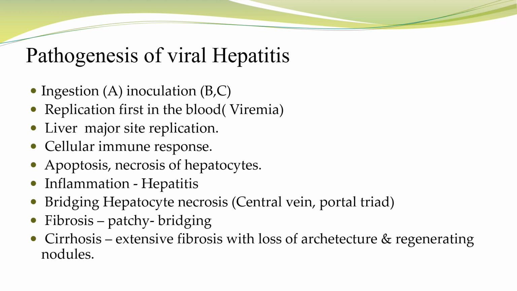After that, we have the process of liver damage, like necrosis of hepatocytes, inflammation, and hepatitis. And then we go to the subacute phase, bridging hepatocyte necrosis, and then fibrosis, and finally cirrhosis, which shows the chronic phase.